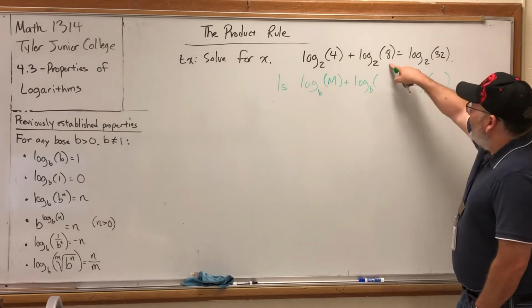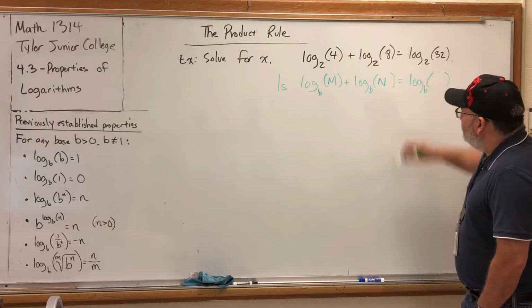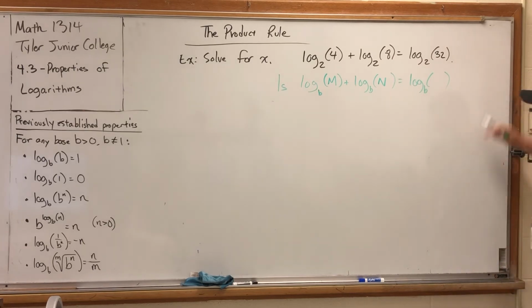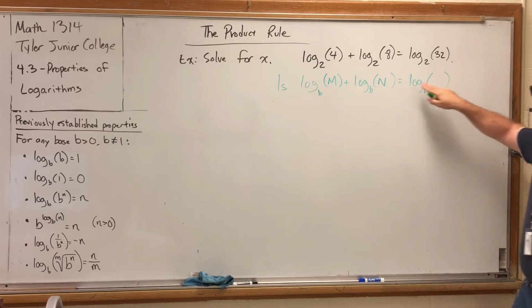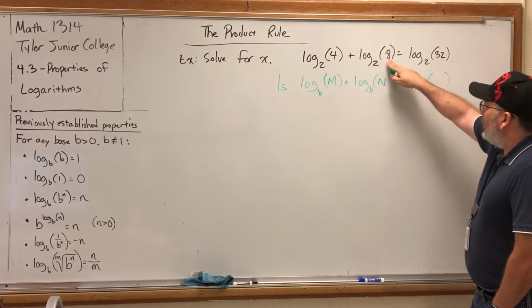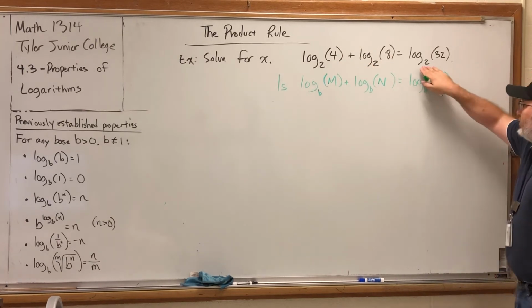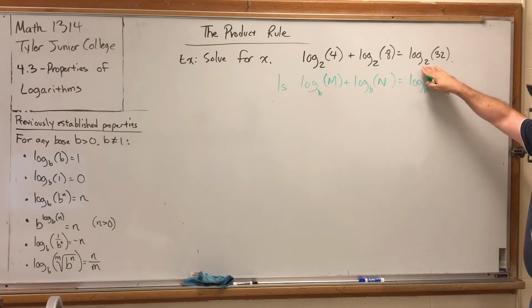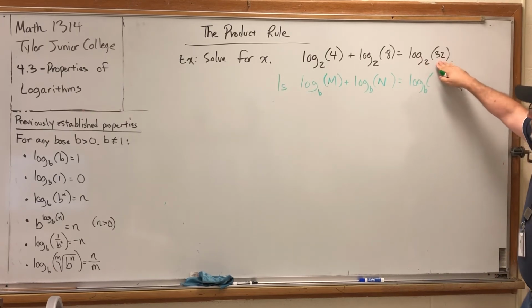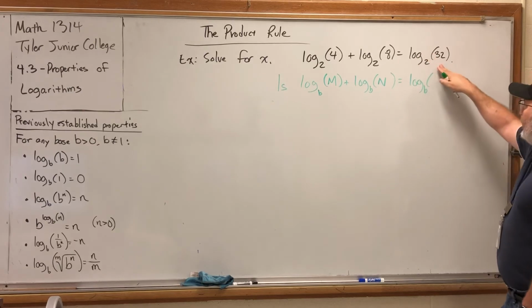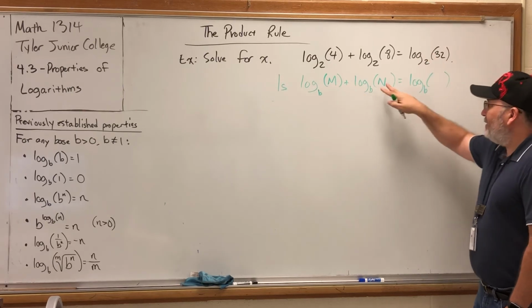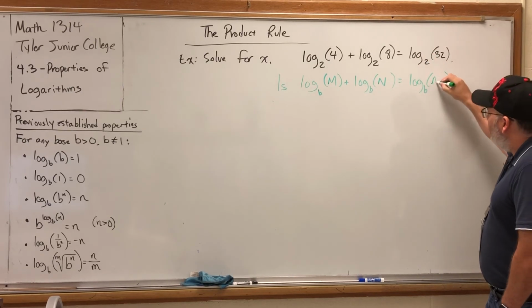Now let's call the second argument capital N. If we're trying to create a property and then verify if it's true, what should we put over here? Well, the whole thing that we're testing is, can we multiply these 2 arguments when we're adding 2 logs with the same bases to create a single log with the same base, but with a new argument? 4 times 8 is this argument, so M times N would be this argument.